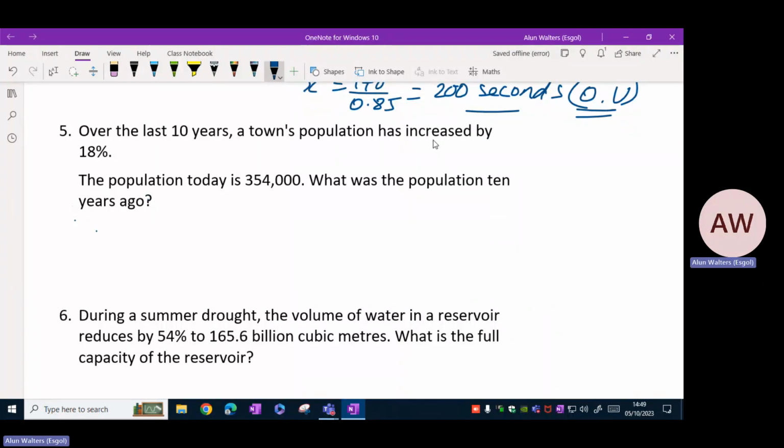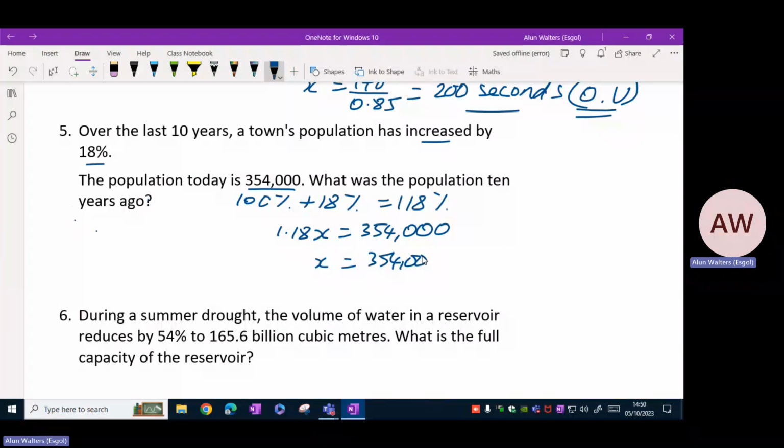Question 5, we've increased by 18%, so 100% plus 18% is 118%. The multiplier is 1.18. So we make the statement 1.18 times the original value is equal to this price 354. It's not a price, the population is 354,000. So the original population of that town is 354,000 divided by 1.18.